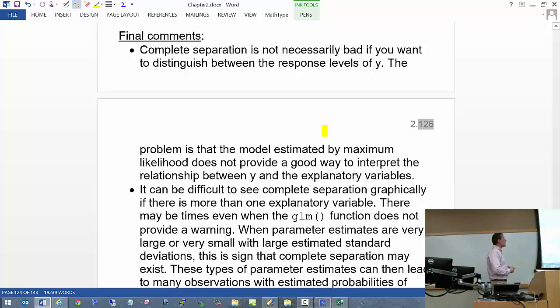Okay, so some final comments then. Complete separation is actually not that bad. You might be thinking right now, oh, I don't want complete separation. But if you want to find maximum likelihood estimates in terms of interpreting the effect that X has on the response, yes, it can be bad.